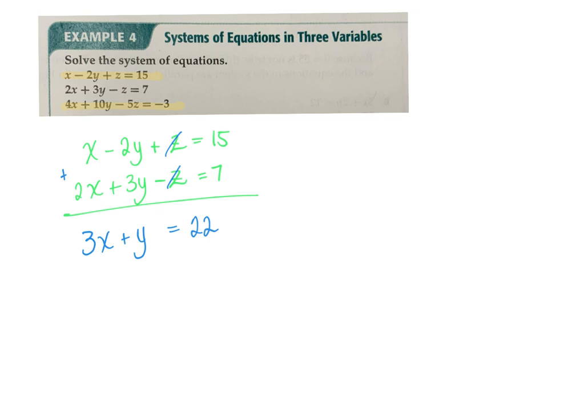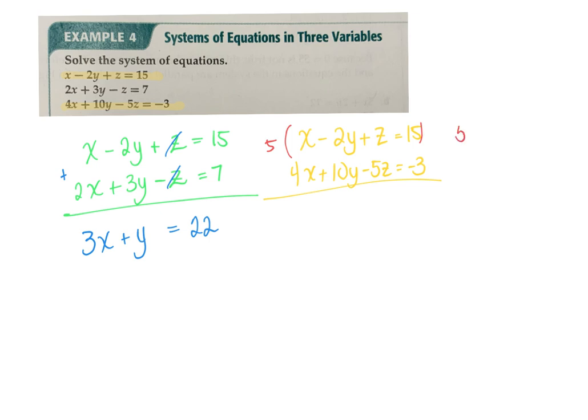And so for this one, I'm going to say, well, x minus 2y plus z equals 15, and 4x plus 10y minus 5z equals -3. I need the z's to be a positive and negative of the same number, okay? So I am going to multiply the top one by what to eliminate that -5z? 5. Yeah, so I'm going to multiply this by 5.